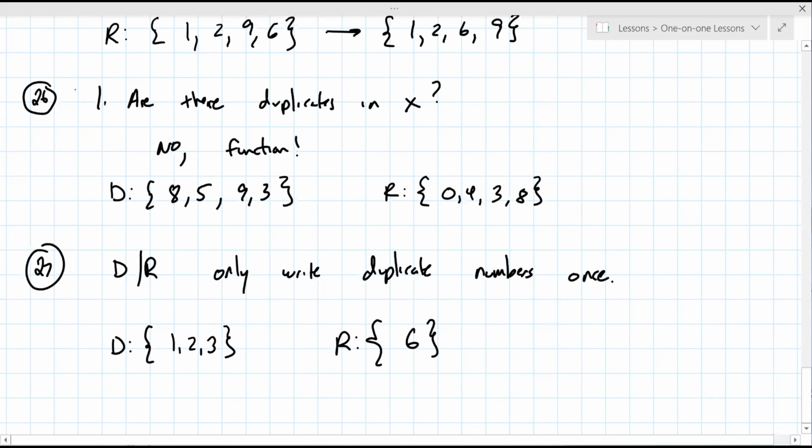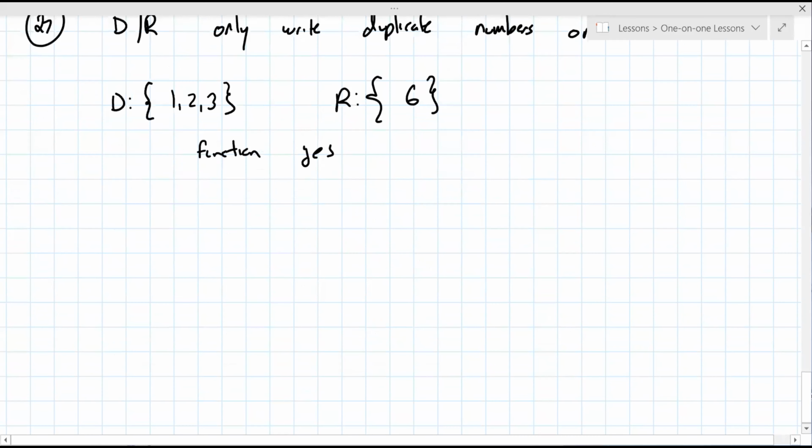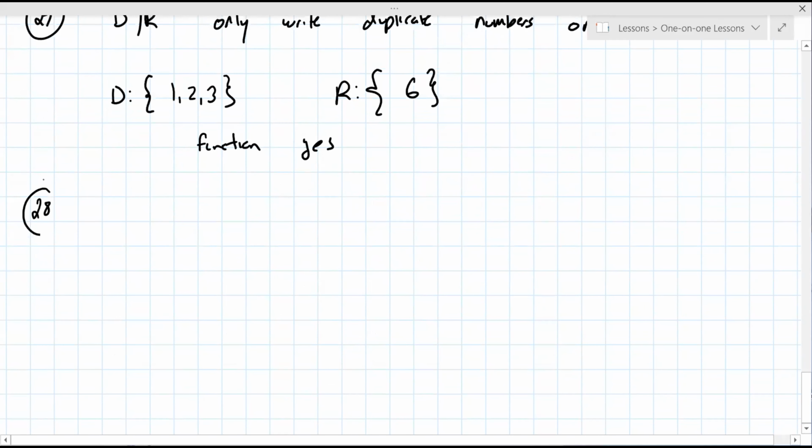For 26 it is a function too, but the way you get there is you ask about the duplicates. So try 28 on your own, and let me know when you're done. Good. So 25 through 27 are all functions, right? Yes. Perfect.